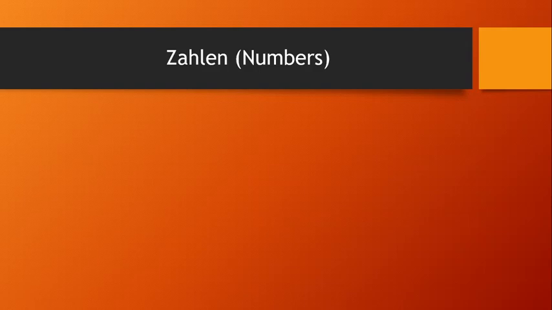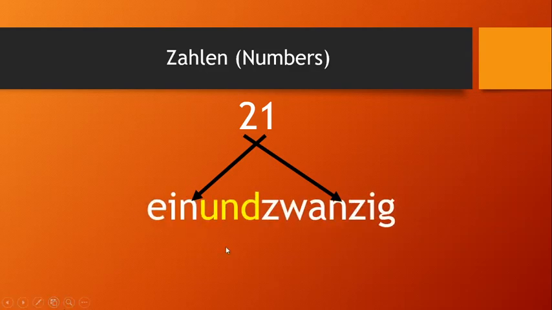So number 21 is called einundzwanzig. So ein is written first and then zwanzig, yeah, and then number 20, it's zwanzig. And number 1 and this 20 is combined with und.